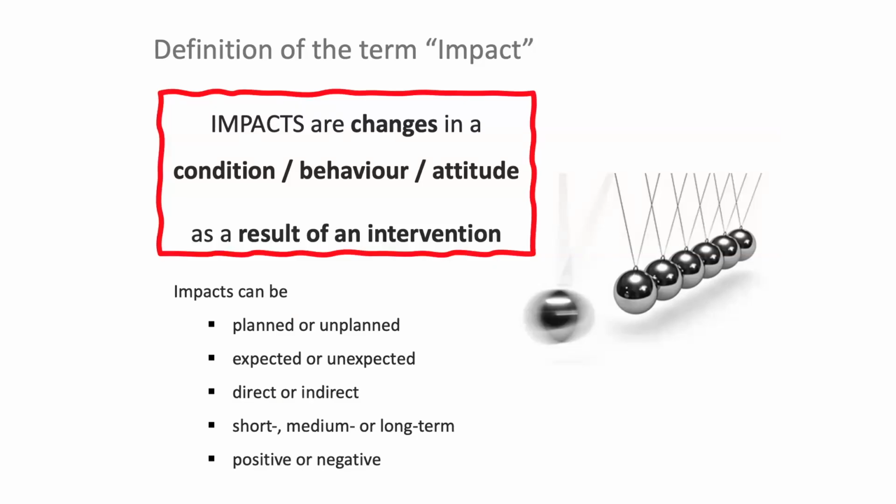So, for example, if farmers are trained in sustainable agricultural techniques, the direct effect is that they now use fewer or perhaps even no chemicals anymore. And the indirect effect is then that the demand for chemicals, fertilizers, decreases. And we can also differentiate impacts according to whether they arise in the short, medium, or long term. And of course, there are positive and negative impacts.